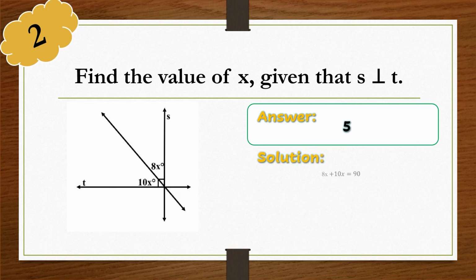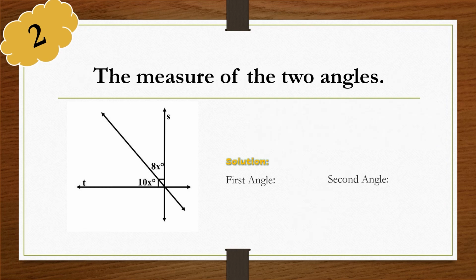For the solution, we have 8x plus 10x is equal to 90. Combining similar terms, we have 8x plus 10x is 18x equals 90. Dividing both sides by 18, so 90 divided by 18 is equal to 5. To know the measure of the two angles, we have to substitute the value of x.